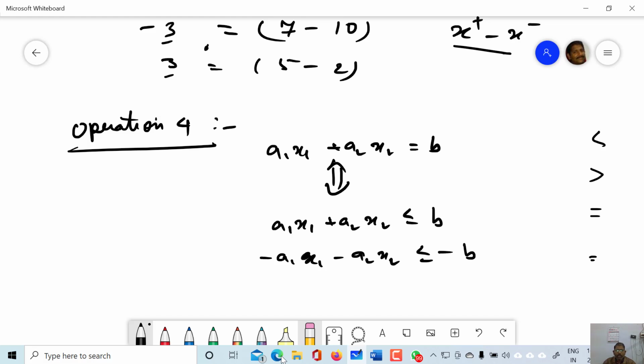So if you combine both of the inequalities, only equality will be taken into consideration. So only the equality sign will be here. Both of the inequalities as per the operation 4 rule are equivalent to the equation above.